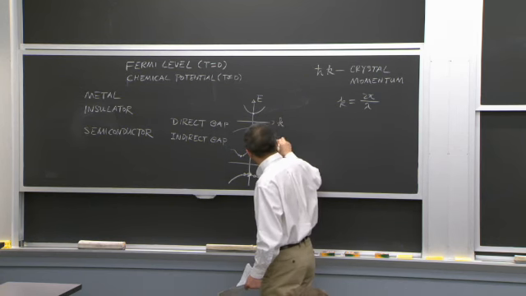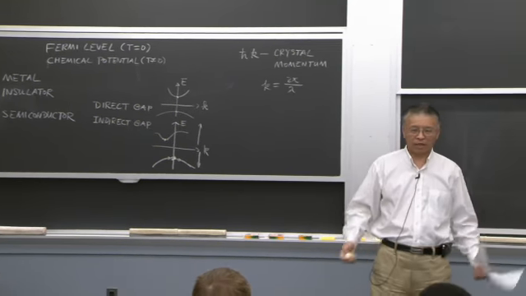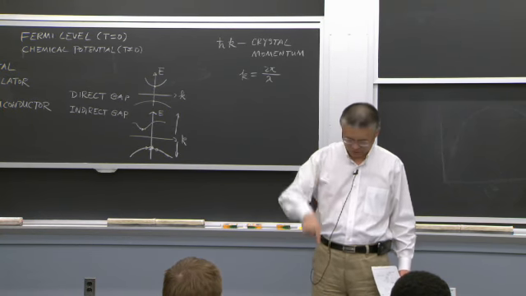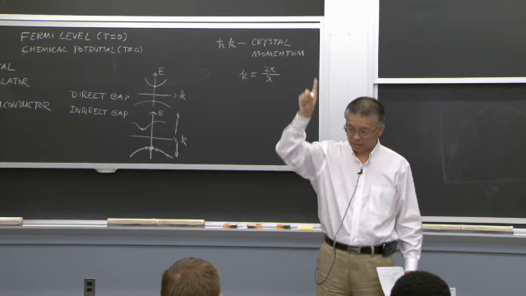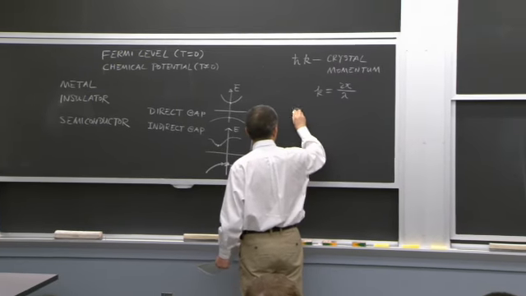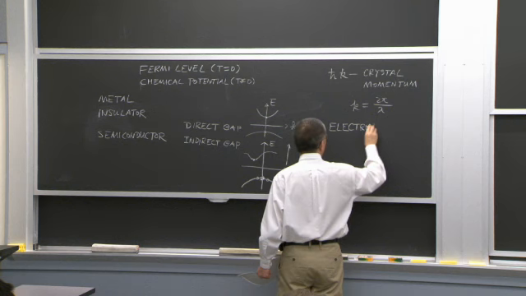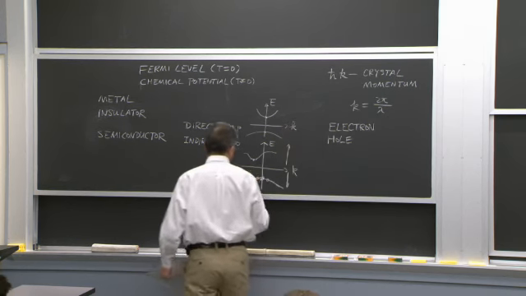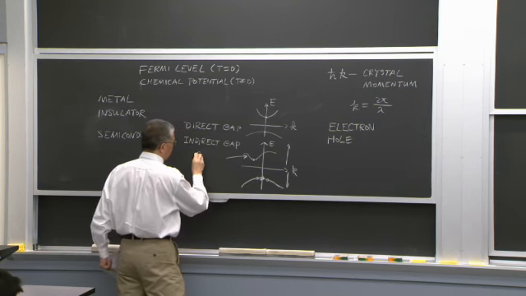When I think about electrons, the energy is increasing this way. So when I look at this band diagram, when I think about electron and hole, I say this direction is the energy increasing for hole, and that's the energy increasing for electron. So we have electrons. We have holes. And here, where the electrons move is the conduction band.